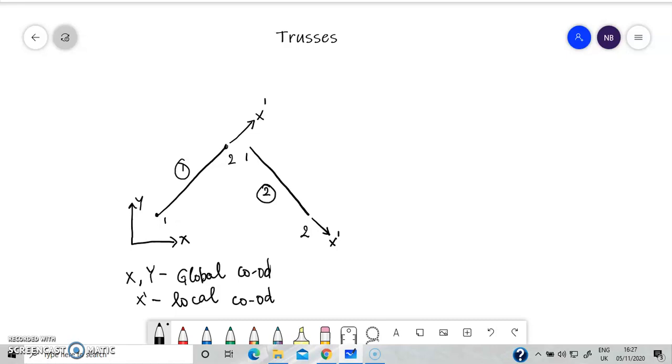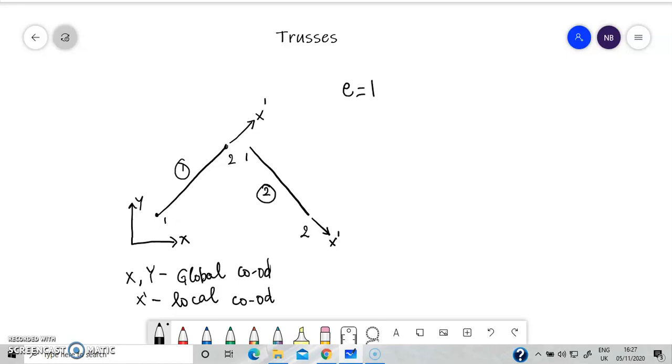A numbering scheme is adopted here. A node whose global node number is j, the degrees of freedom associated with it will be 2j minus 1 and 2j. So let us talk about element 1.